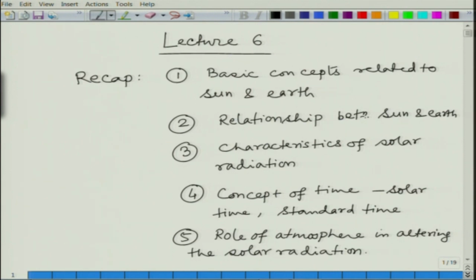So, these are the topics we have seen in the first 5 lectures, and at the end of the 5th lecture we started talking about the prediction of solar radiation.